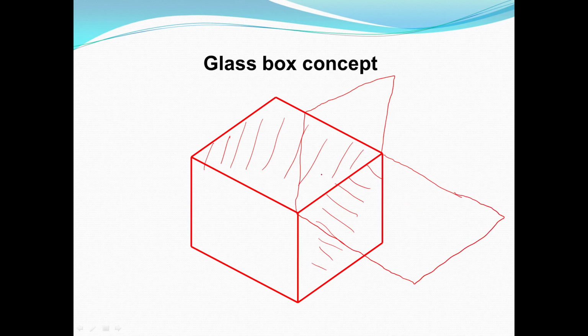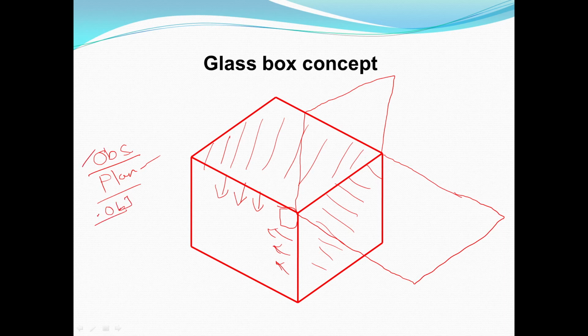The horizontal plane is parallel to the ground, the vertical plane is perpendicular to the ground, and this is the third quadrant: below the horizontal plane and behind the vertical plane. Next we'll see the concept of observer, plane and object.